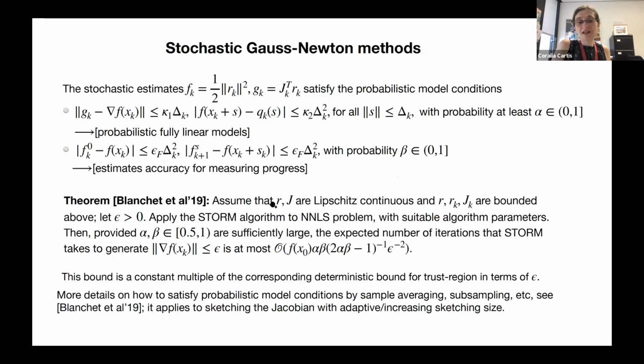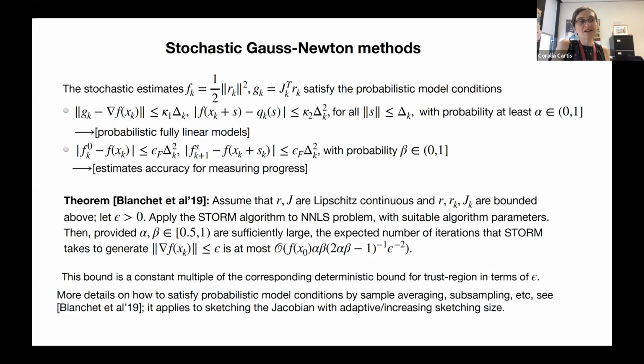Then, if the original function is sufficiently smooth, so R is smooth, J is smooth in the sense of Lipschitz continuity, then when we apply the STORM algorithm to the nonlinear least squares problem, and provided alpha and beta are sufficiently large, then the expected number of iterations for the true gradient to go below epsilon is at most epsilon to the -2.